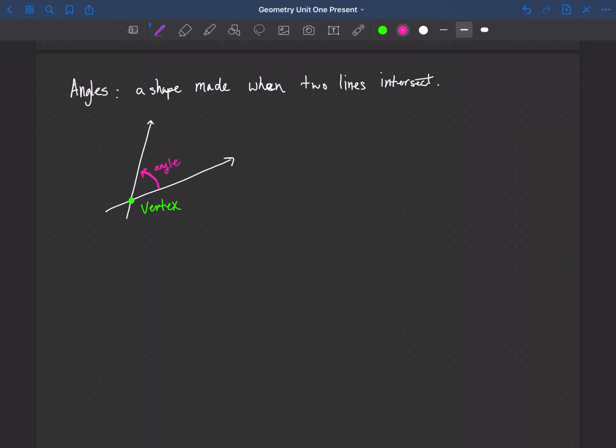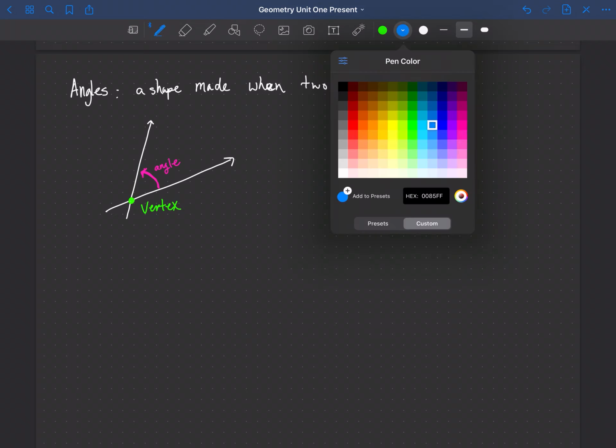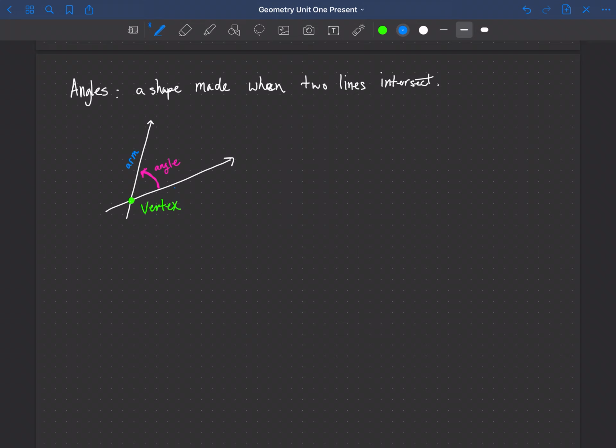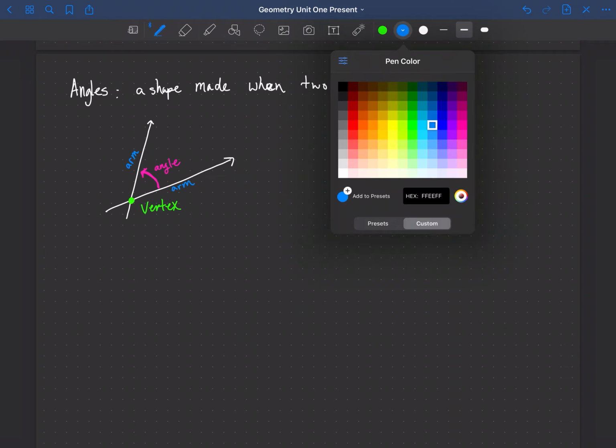Okay, so there are three main parts of an angle. We have the vertex. We have the angle itself, so the inside here.